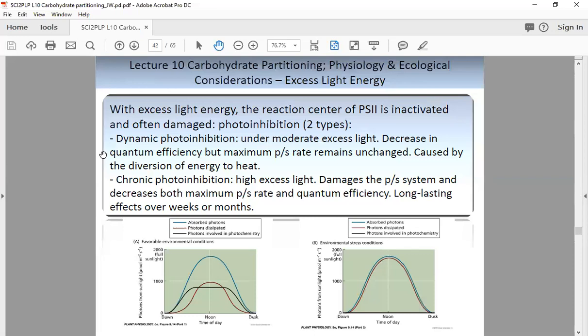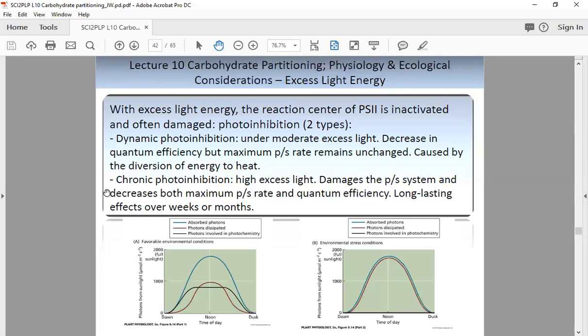The second type of photoinhibition is chronic photoinhibition, and this results from exposure to high levels of excess light that actually damage the photosynthetic apparatus and decreases both quantum efficiency and the photosynthetic rate.